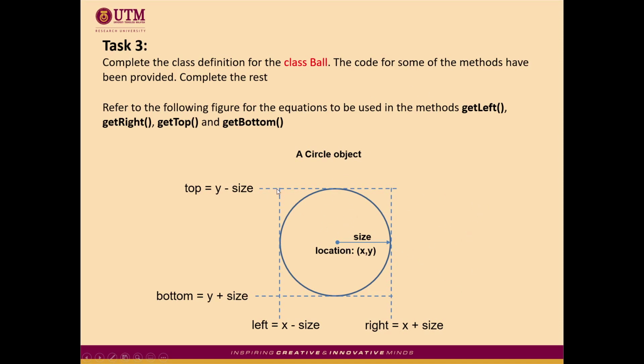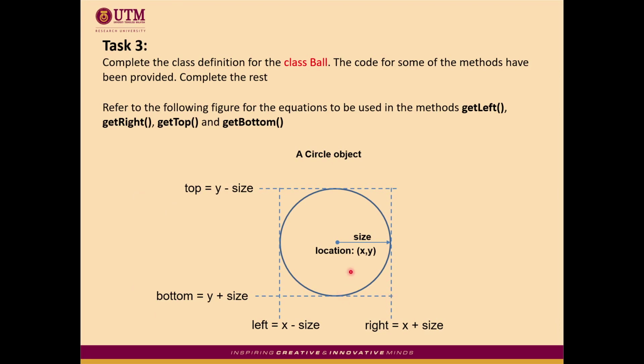Let's assume this is our screen. The 0, 0 is here. Positive x goes to the right and positive y goes to the bottom. You need to take note of that. Most graphic systems use this kind of coordinate system. It's slightly different from the Cartesian system that you are familiar with in mathematics.